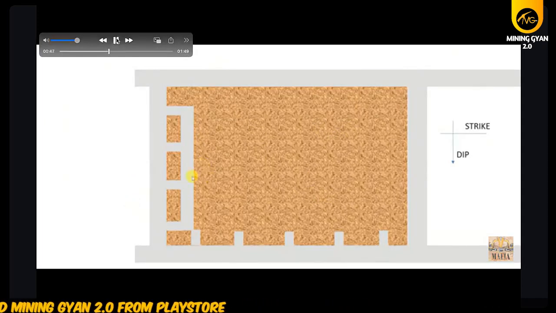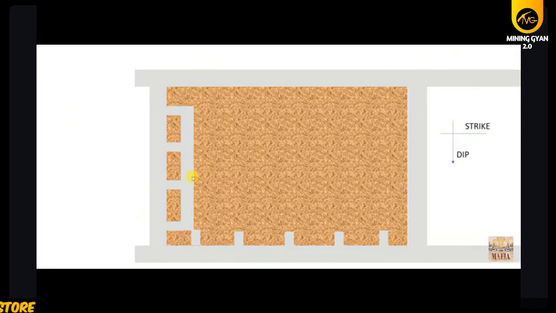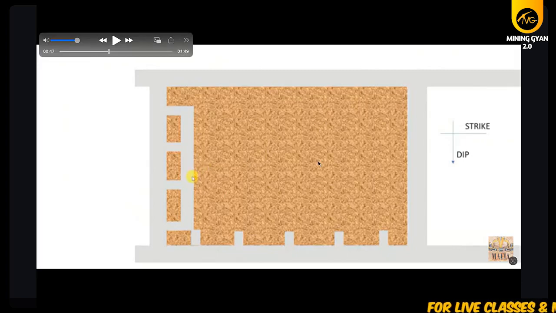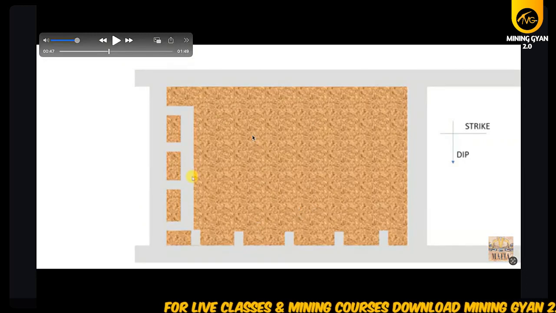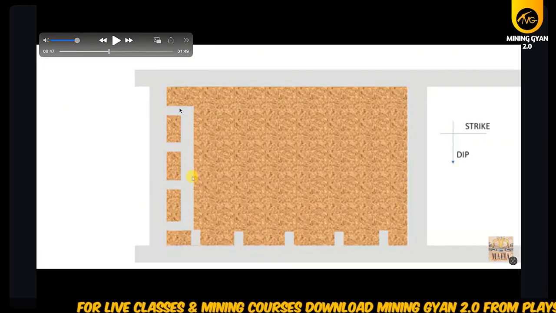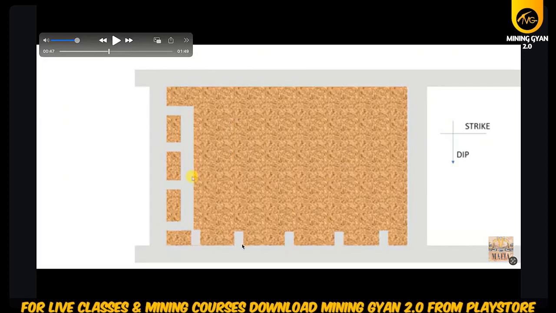The difference you should remember is that in this method we divide the stope into 2 slices. In the bridge stopping method we divide into 2 slices, and the bottom slice will be more advanced. Why? Because the top slice material will fall down into your chutes, and we can collect that also.